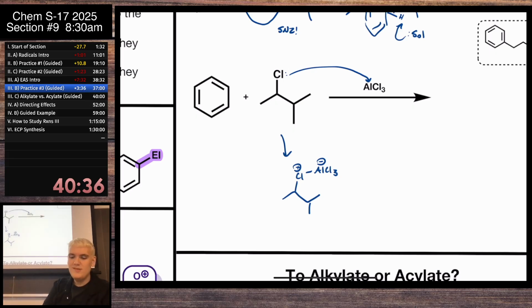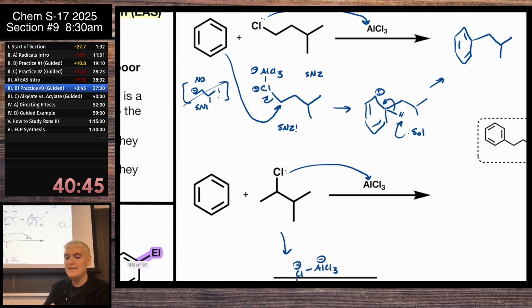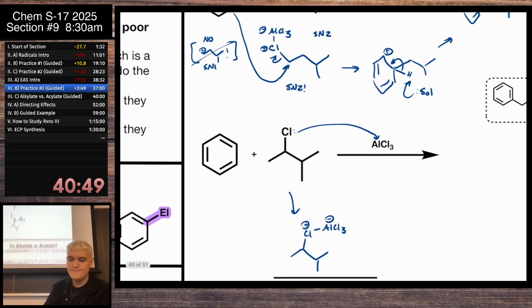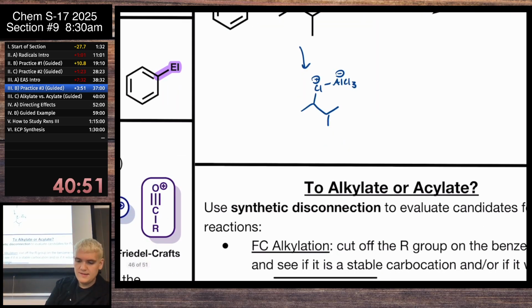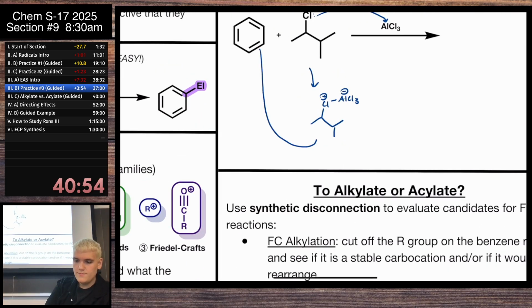Secondary. And we said that this is not a good nucleophile, right? So our main option is just going to be SN1. It's only rarely going to do the SN2 when you have a really accessible backside attack. So our benzene ring is going to come over. Nope. Our leaving group's going to leave, sorry.